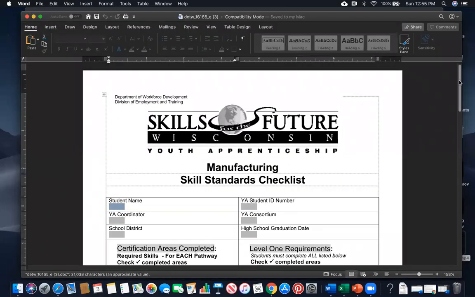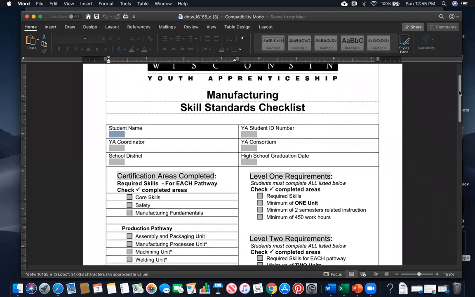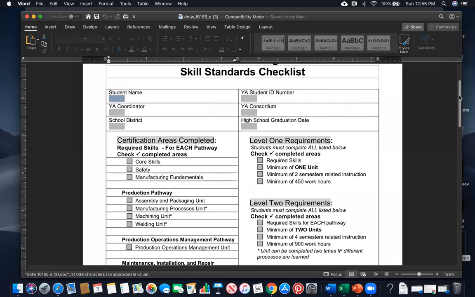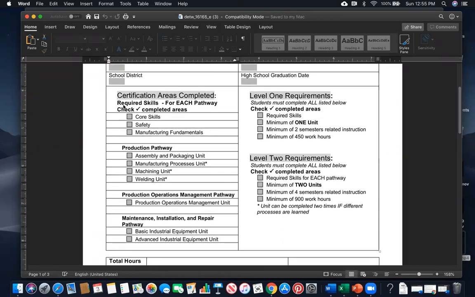it starts with information, and this sheet should look very familiar because this is what is going to be at the very beginning of the booklet you get from me when you hire a youth apprentice. So it will have your student's youth apprentice name, their student ID number, the YA coordinator and consortium, their school district and graduation date. Every different area has some core skills and safety skills that every student has to accomplish.